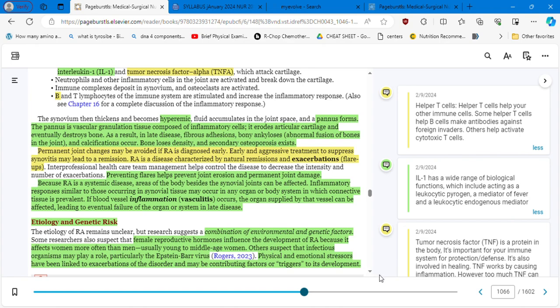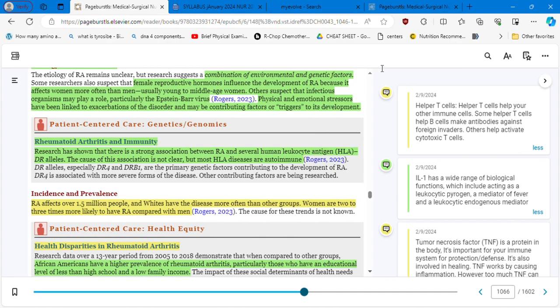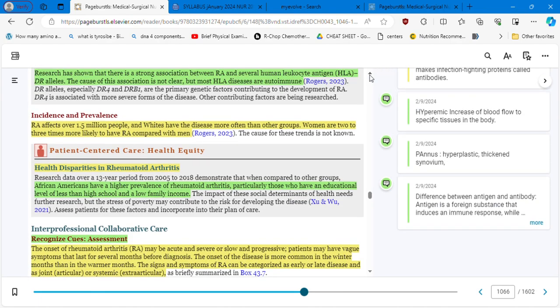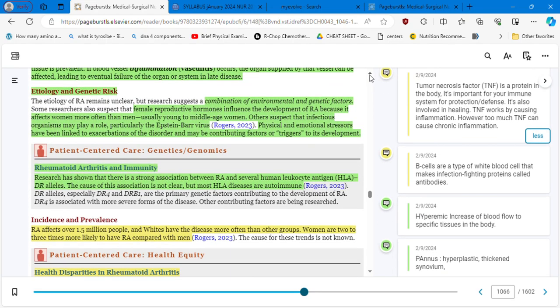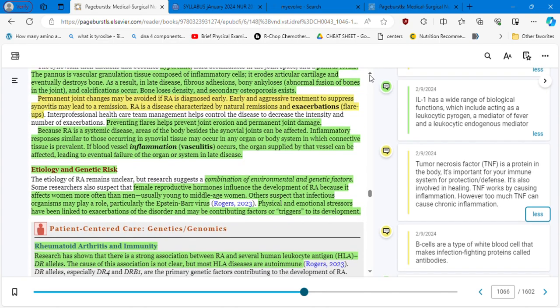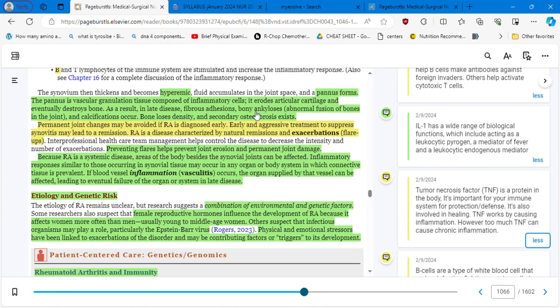And so fluid accumulates in the joint space, and pannus forms. Okay, so hyperemia increases the blood flow and pannus forms. The pannus is vascular granulation tissue composed of inflammatory cells. It erodes articular cartilage and eventually destroys the bone.